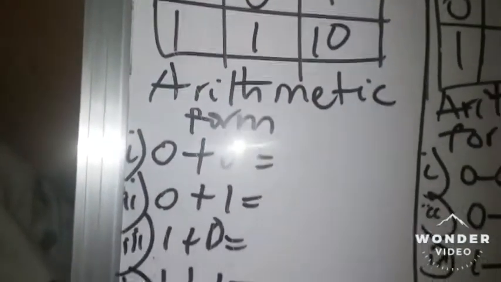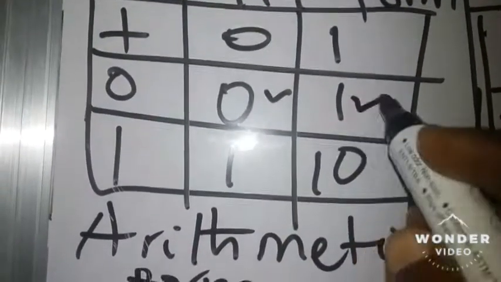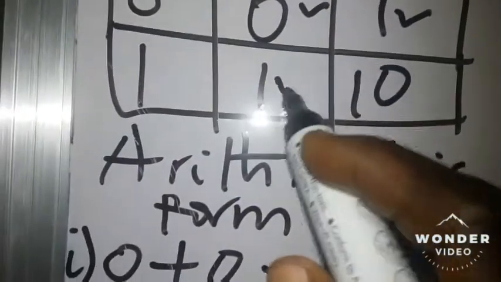The rules for addition are in tabular form, then in arithmetic form. So a 0 plus a 0 is a 0. A 0 plus 1 is 1. 1 plus a 0 is 1.